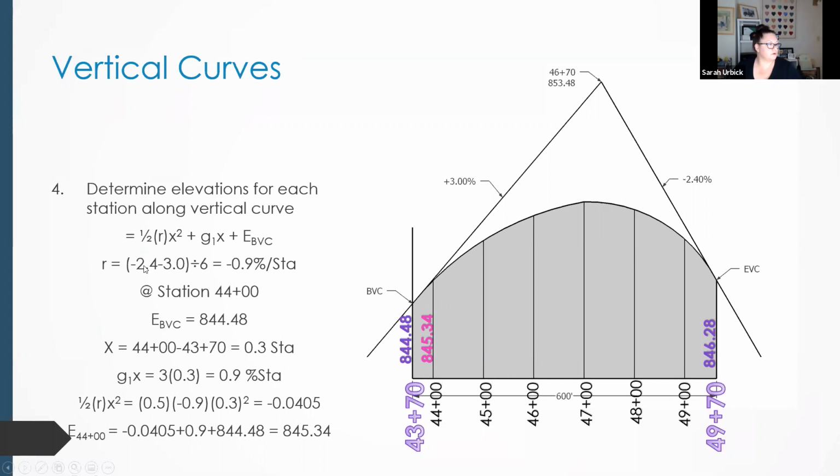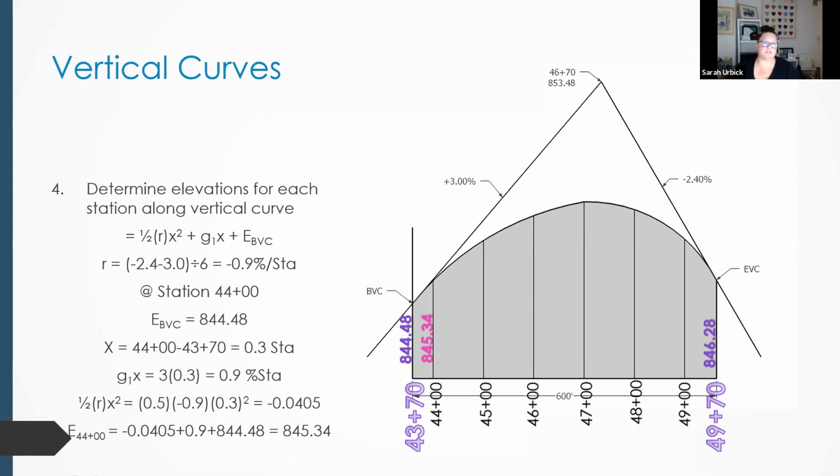Using this formula, 1/2 of negative 0.9 times x squared plus our slope, 3% times x.